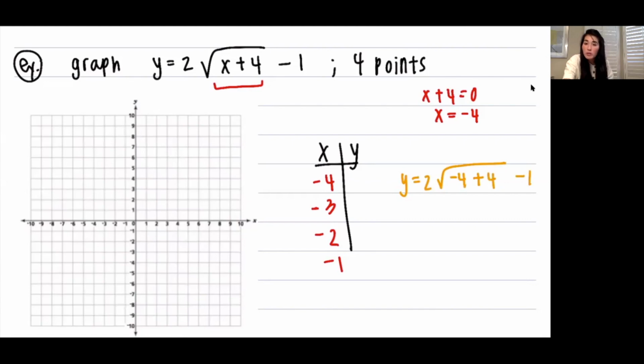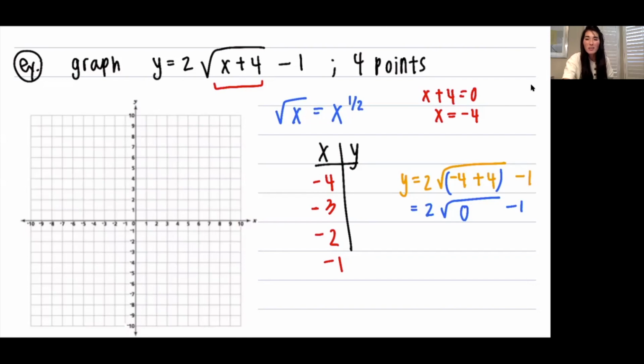All right, when you simplify a problem like this, start with the radical first. So start with the square root. Pretend though that there are parentheses here and simplify that first. So this would become 2 times the square root of 0 and then minus 1. Now, as you guys are using order of operations, square root actually falls under exponents because, fun fact, the square root of x is actually the same thing as having a 1/2 exponent.